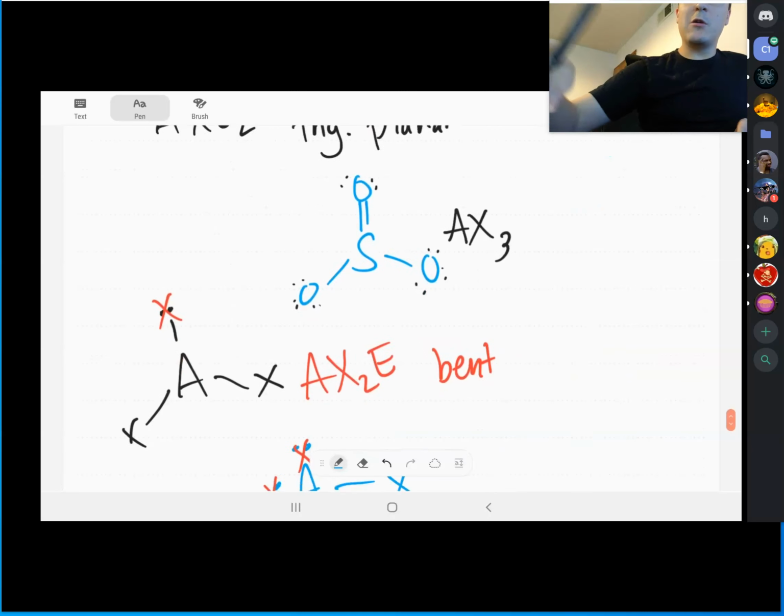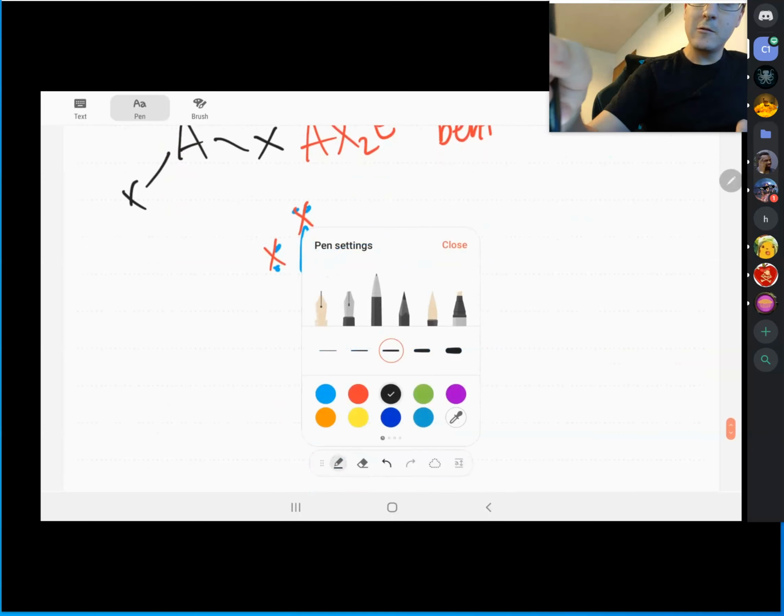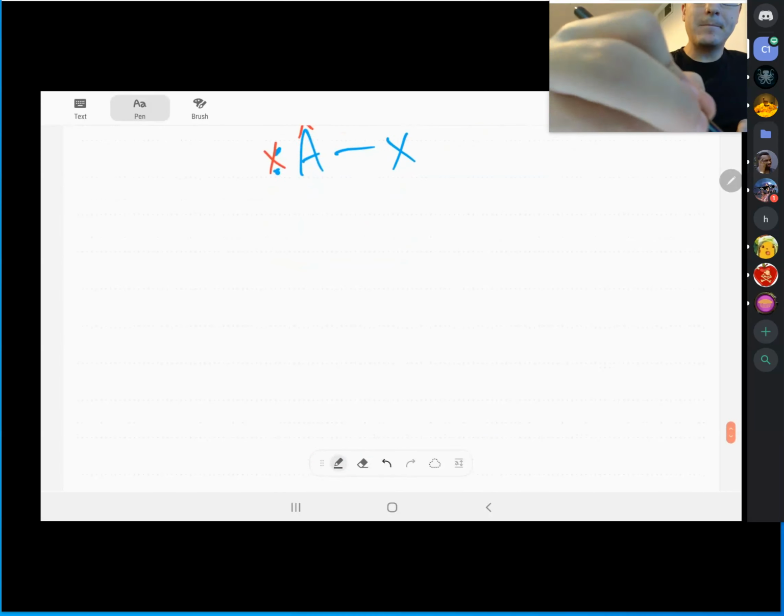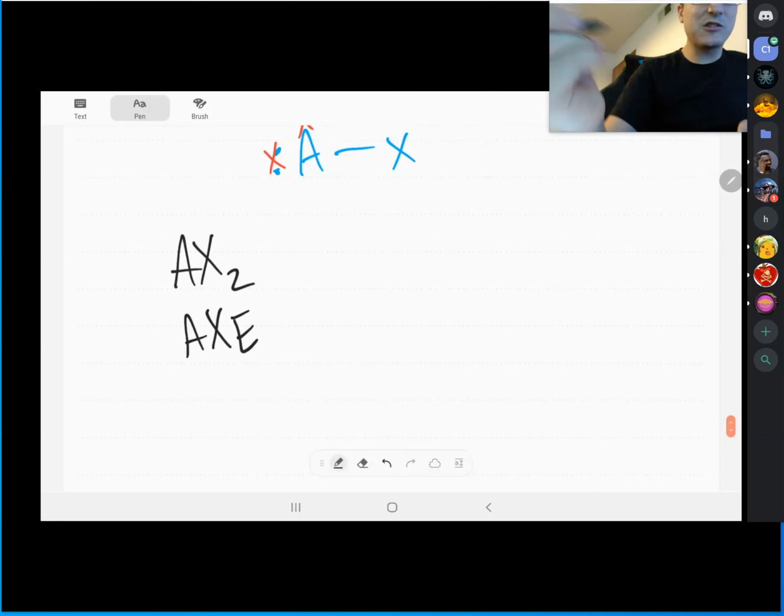I just want to quickly go over the last one, which is AX2, AXE. Not sure if that exists, but these would just be both linear.